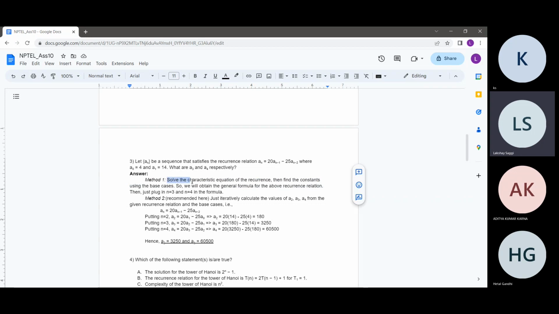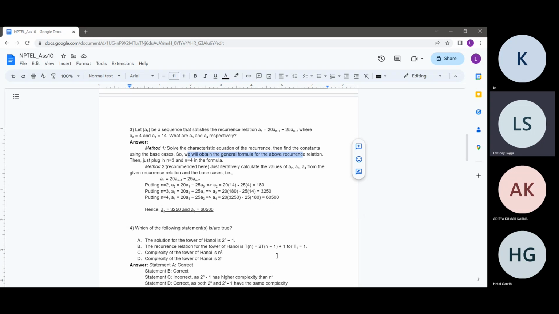To solve any recurrence of this form, where a_n is some constant times a_(n-1) plus another constant times a_(n-2) plus another constant times a_(n-3) and so on, what we do is find the characteristic equation of the recurrence, then find the constants using the base cases. And this helps us find the general formula.